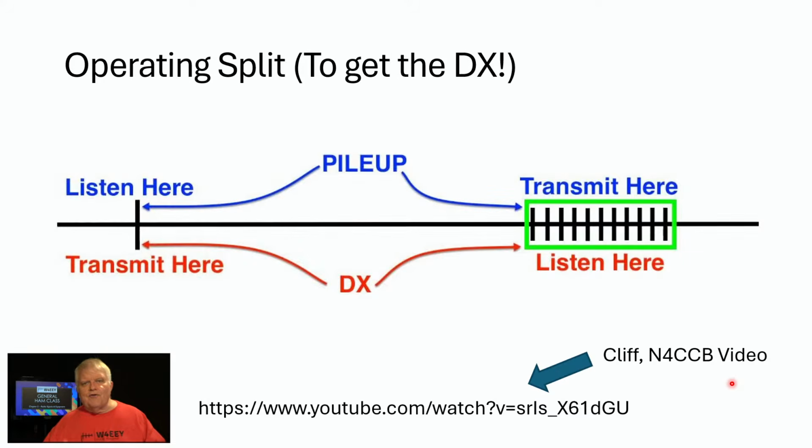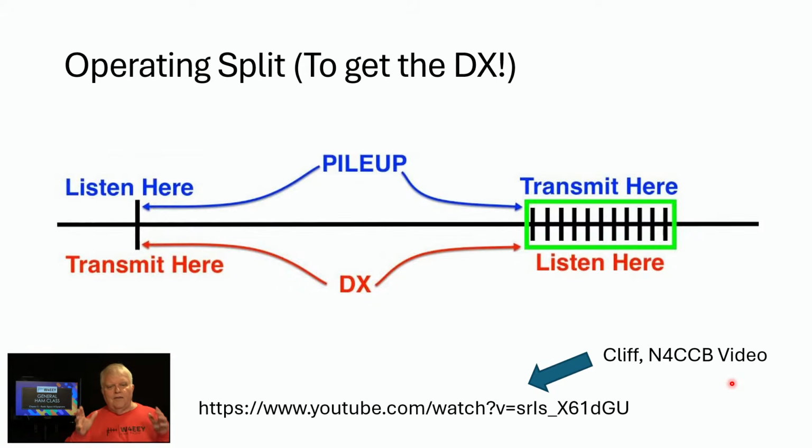you need to know about split operation. Split operation is where the DX is transmitting on one frequency, but the DX is listening on another frequency. And they will tell you, listening 5 up, or listening 5 to 15 up. That means 5 kilohertz up, or 15 kilohertz up.